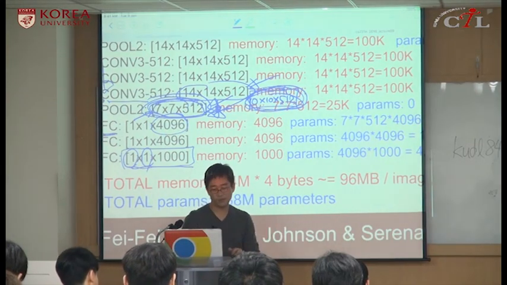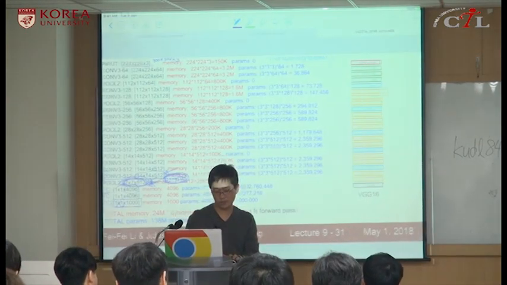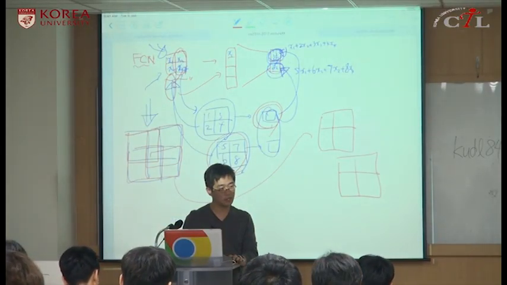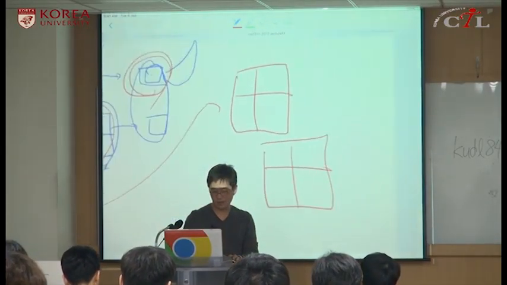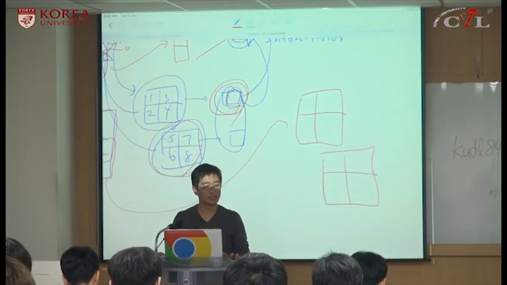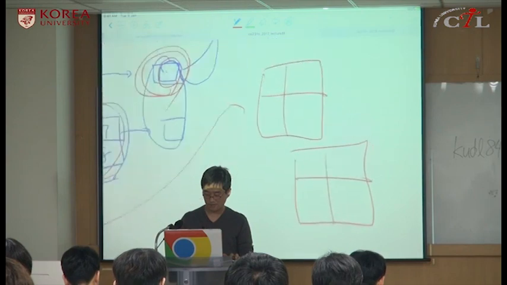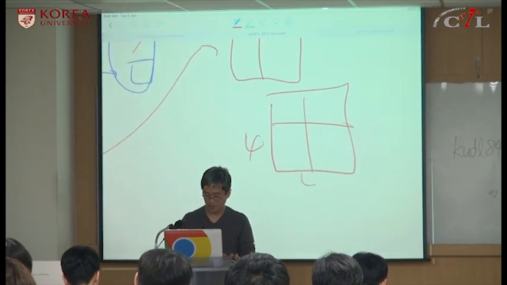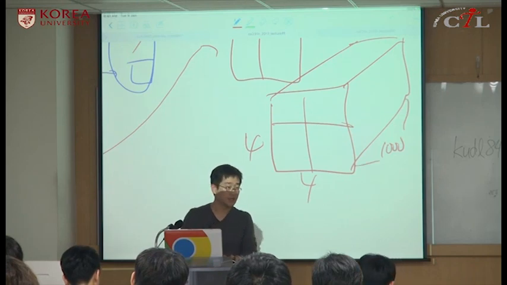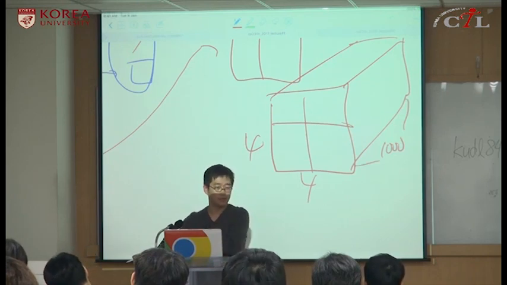But now if we have a larger spatial resolution like this, instead of a single 1 by 1 spatial resolution, we now have 4 by 4 with 1000 as our channel size or depth.